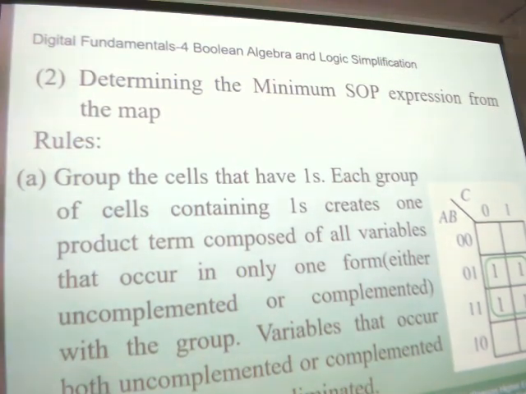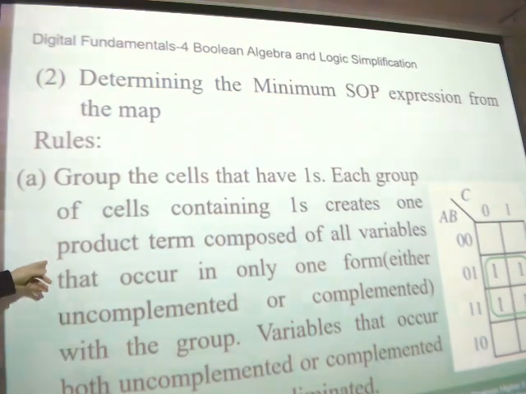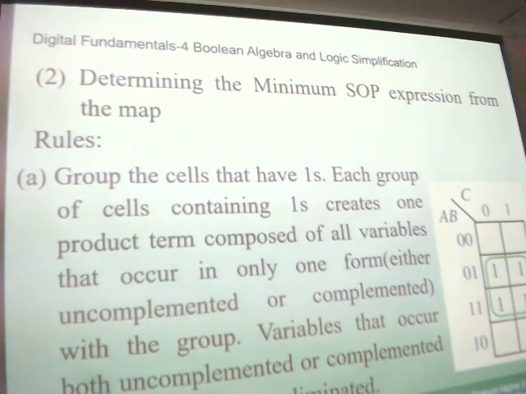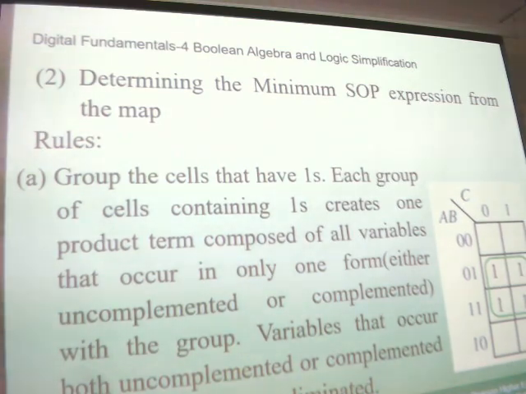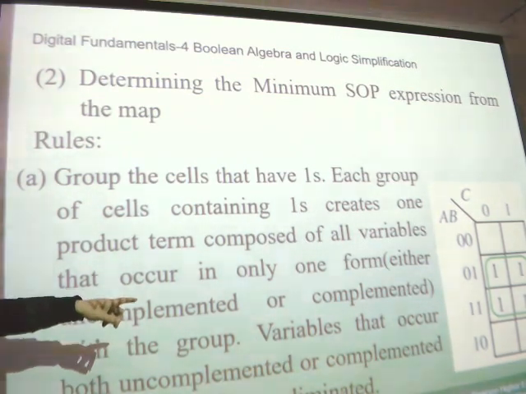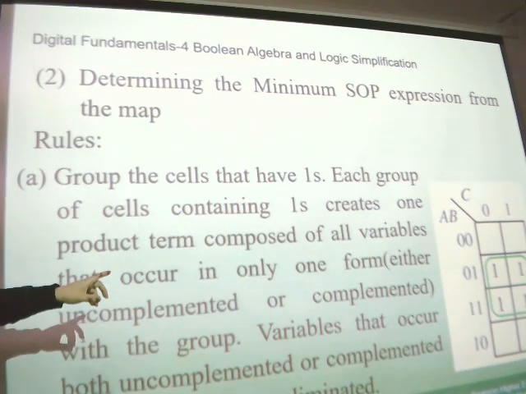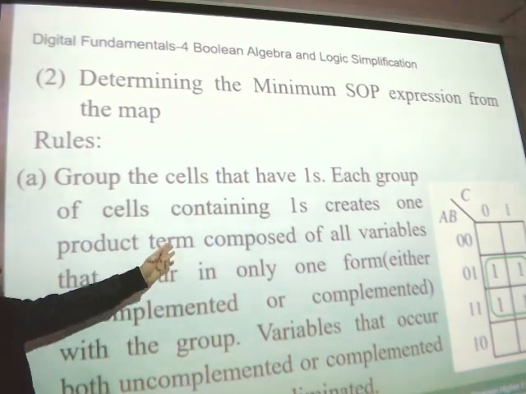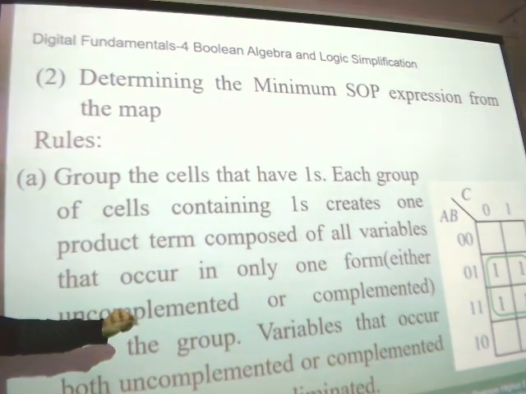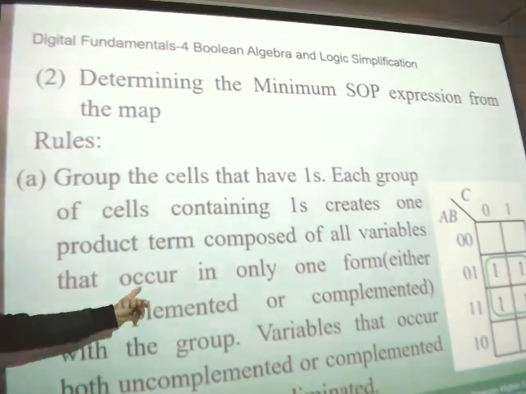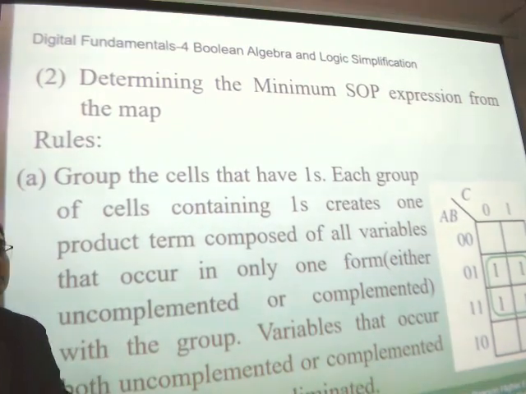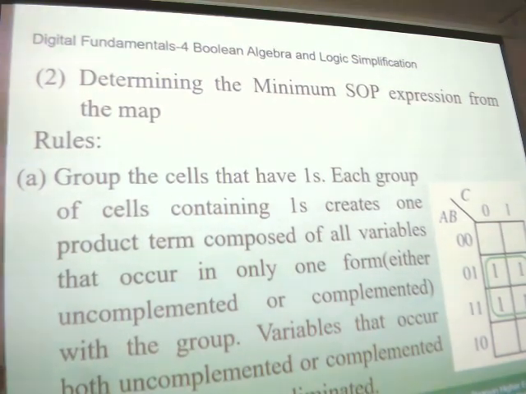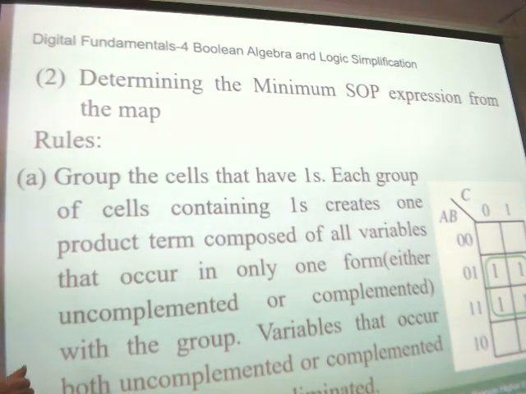No. Please read this paragraph. Group the cells that have ones. Each group of cells containing ones creates one product term. So this group can create one product term, right? Yes. And the product term is composed of all variables that occur in only one form. One form means its value is only 1 or only 0.